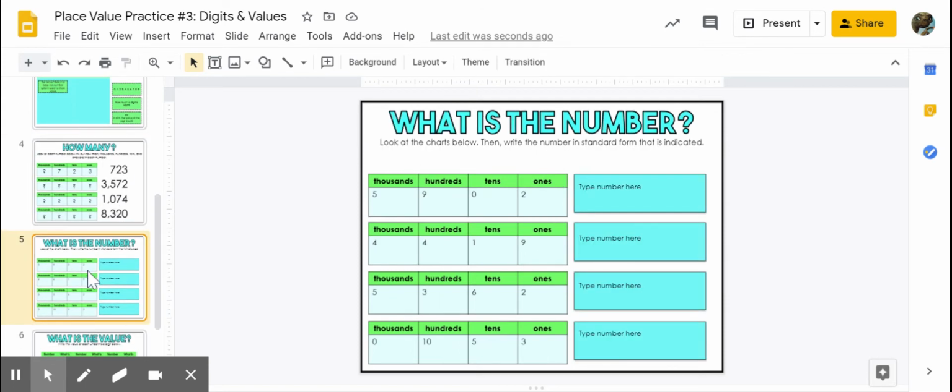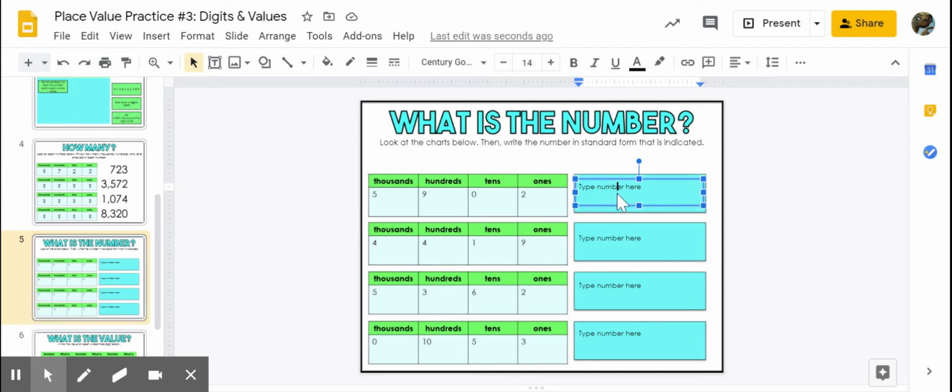This next slide says, what is the number? Look at the charts below, then write the number in standard form that's indicated. So we're doing the opposite of what we did on the previous slide. This time they've already put the digits into the place value column. So we have 5 thousands, 9 hundreds, 0 tens, and 2 ones.